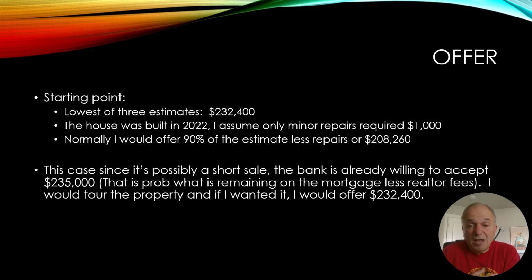Hot market, you're probably not going to get it. People might get upset, or they may come back and say, we can't do that, but how about 225? And by the way, I would expect that I'm going to get this house if we got into negotiations.